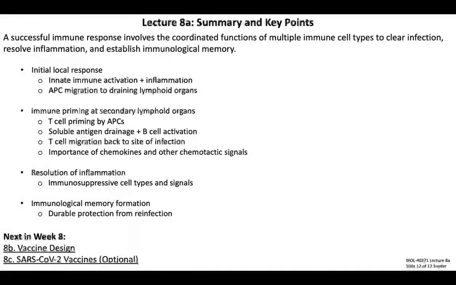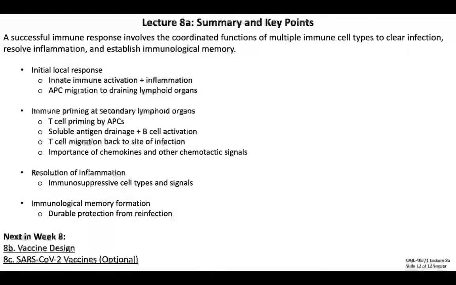In summary, today we went over an example of an immune response to a bacterial infection in the skin. We focused on the communication and integration of multiple immune cell types and their functions in the generation of a successful immune response, and we examined how these functions contribute to the overall goals of an immune response as they relate to the clearance of a pathogen, the resolution of inflammation, and development of immune memory.